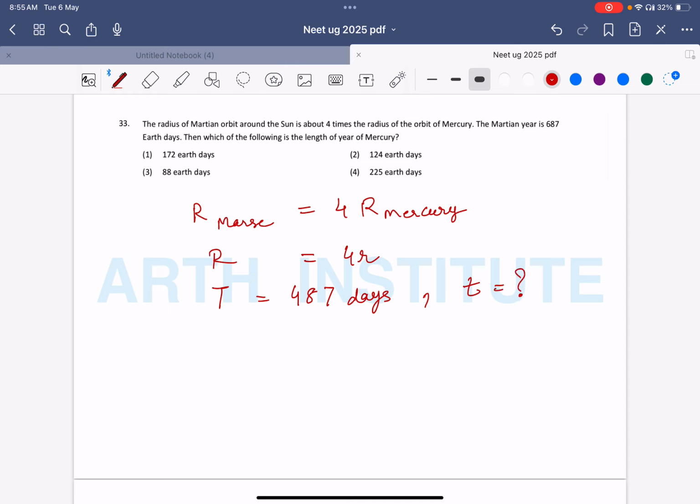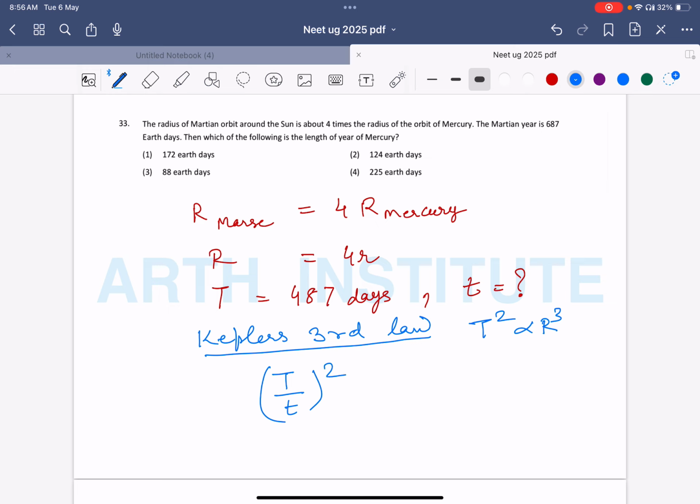This question is based on Kepler's third law of planetary motion, which states that T square is proportional to R cube. So T by small t square is equal to R by small r whole cube.